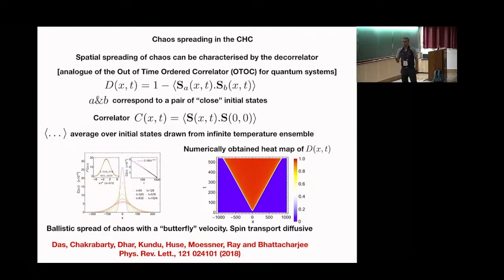More recently, there have also been studies of the spreading of chaos in this classical system. In fact, a very important piece of work in this particular direction was done at this institute. The idea is that you calculate something called a decorrelator, which is an object which tells you how much trajectories in phase space diverge from each other when you start them out with initial conditions which are very close.